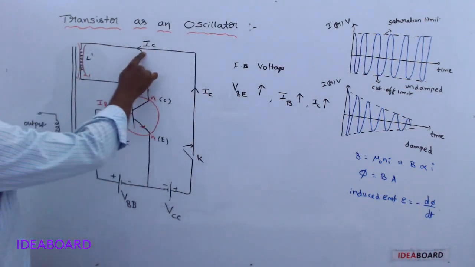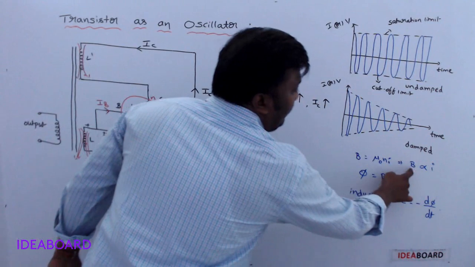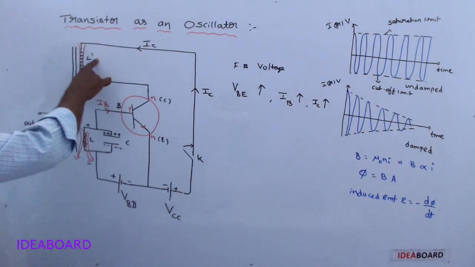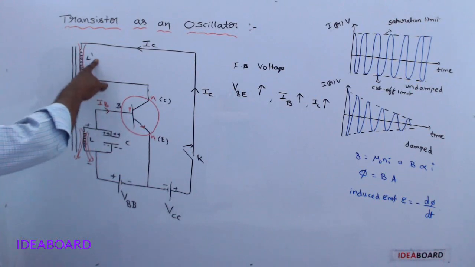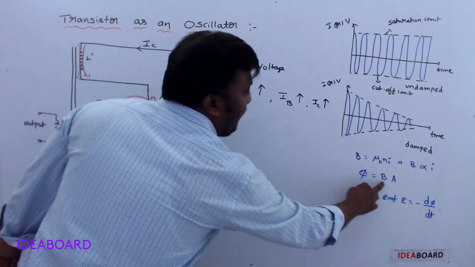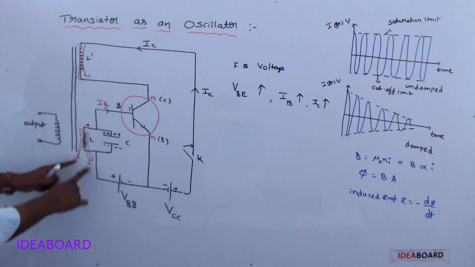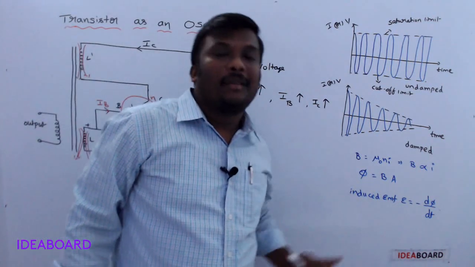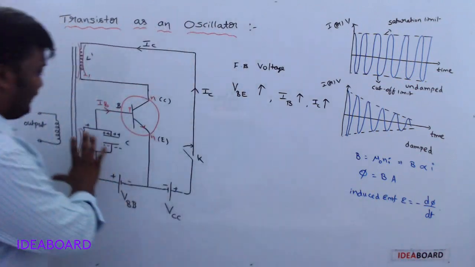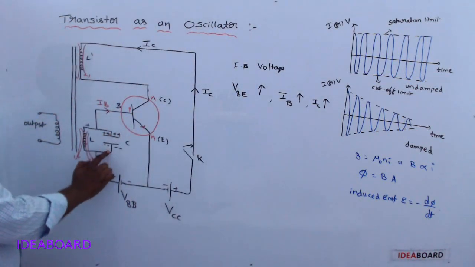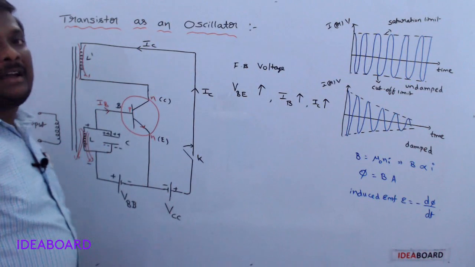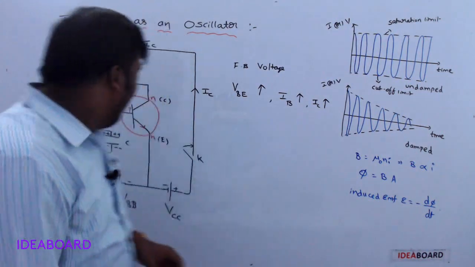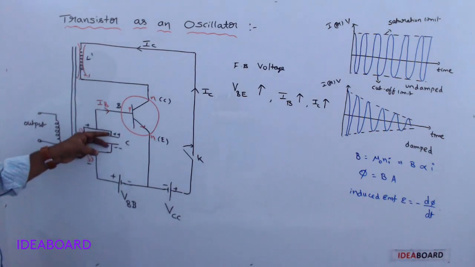If IC increases, the magnetic field produced along L dash increases, and the flux across the L increases. When flux across the L increases, induced EMF increases. Whenever induced EMF increases, the charge on the capacitor increases. Clear now?